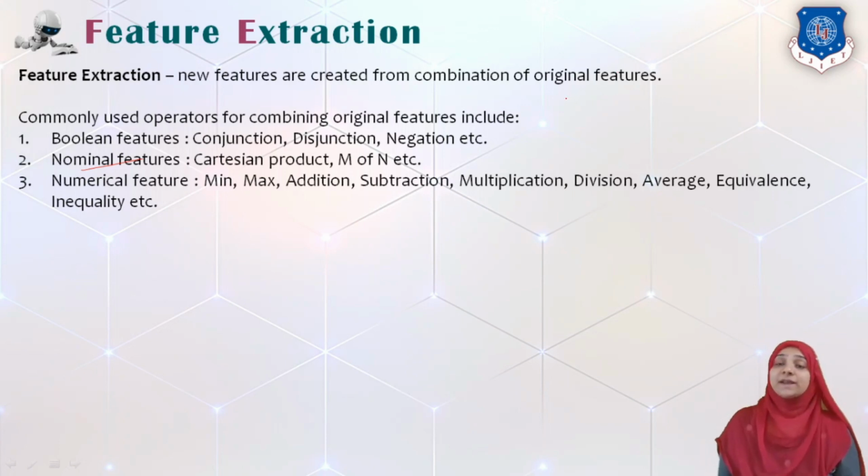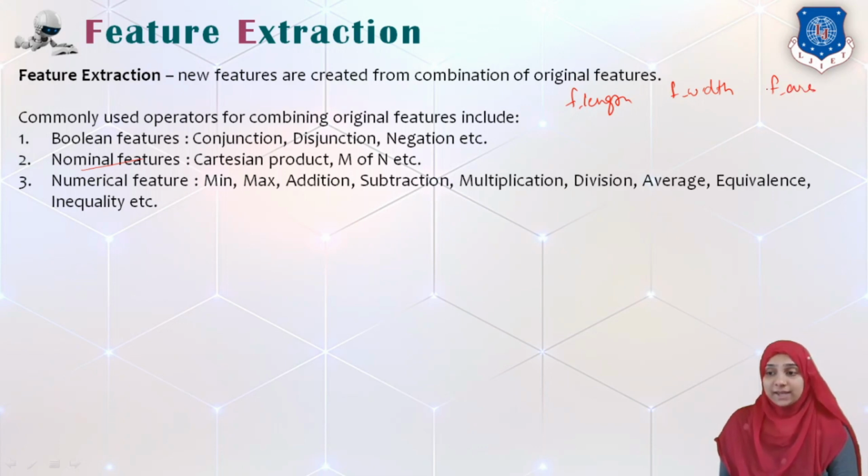Say for example, in our housing example, we have a feature called length of an apartment, and we have another feature called width or breadth of an apartment. Now I can create a new feature called area by removing these two and extracting a new feature as length multiplied by width.